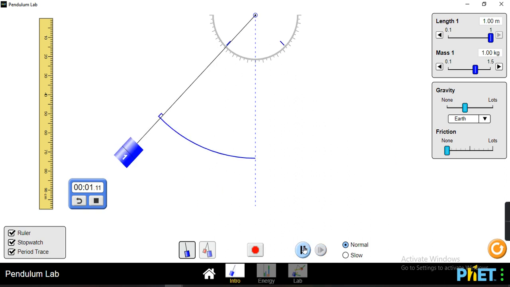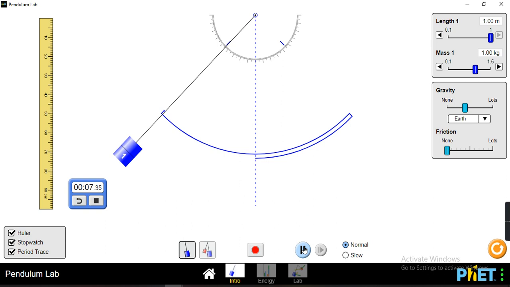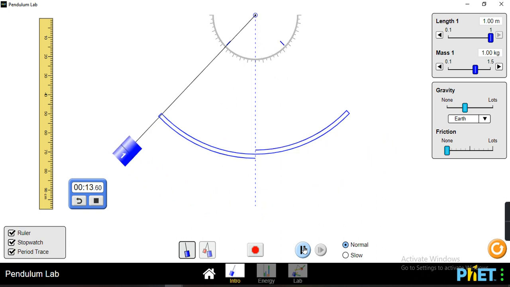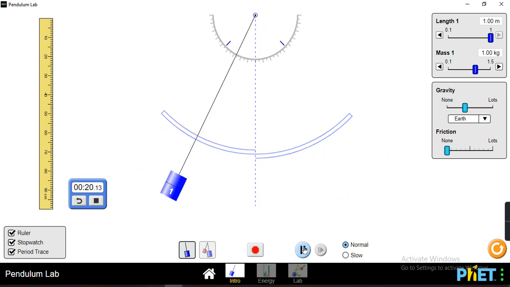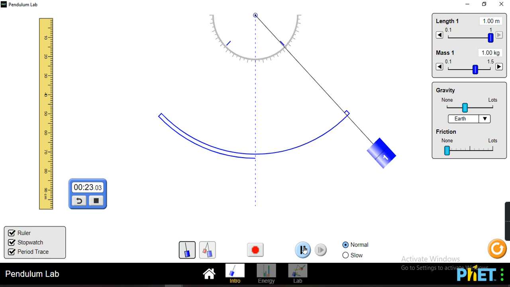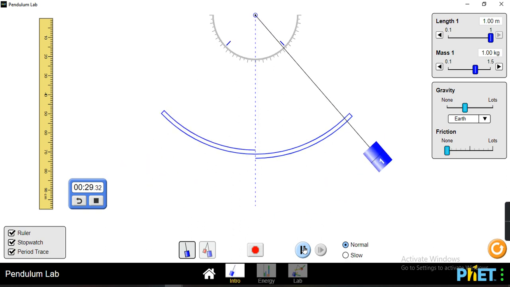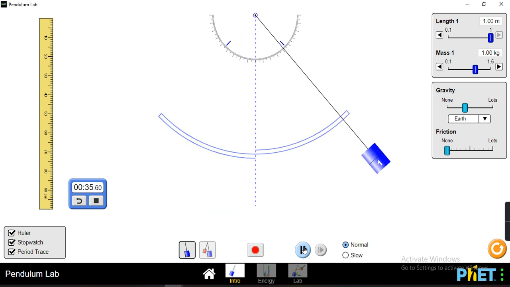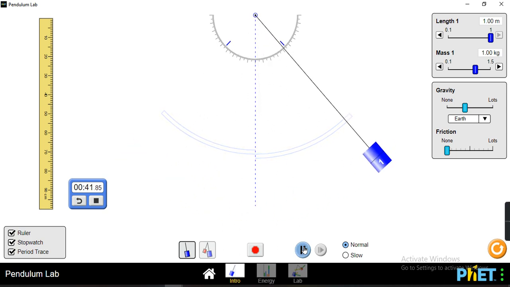Let's go. This is 1, this is 2, 3, 4, 5, 6, 7, 8, 9, 10, 11, 12, 13, 14, 15, 16, 17, 18, 19, and 20. 41.9 seconds.